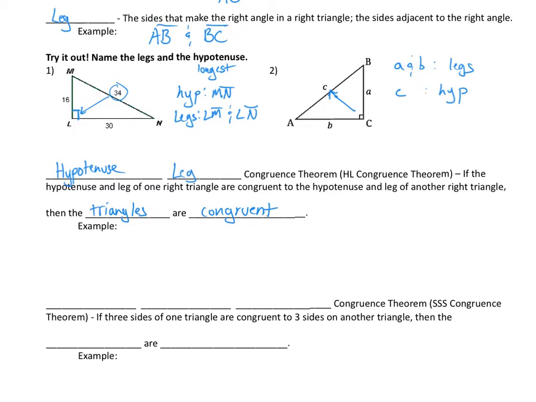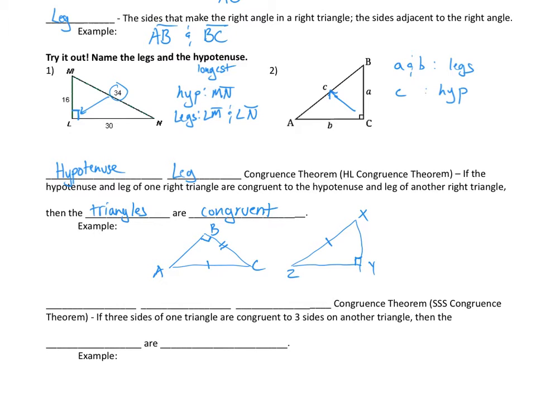So if I drew, let me just say I have a right triangle here and a right triangle here. And here's my right angle, and here's my right angle. And I'll call this one A, B, C, and this one X, Y, Z, and I prove that this hypotenuse is congruent to that and any one of the legs.